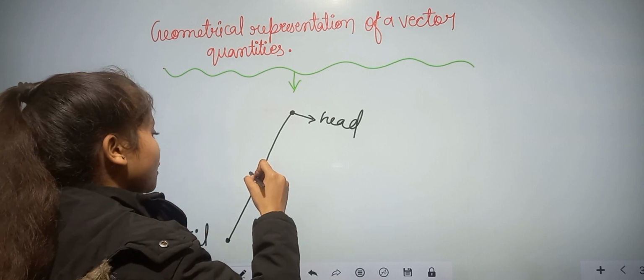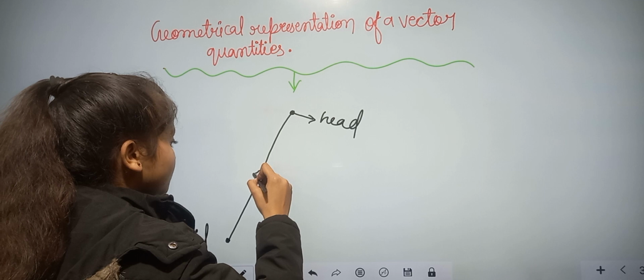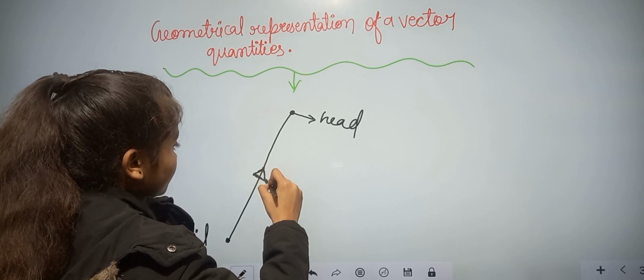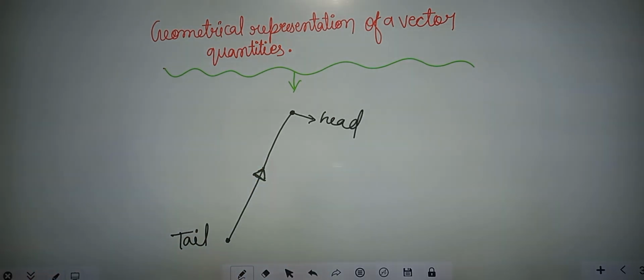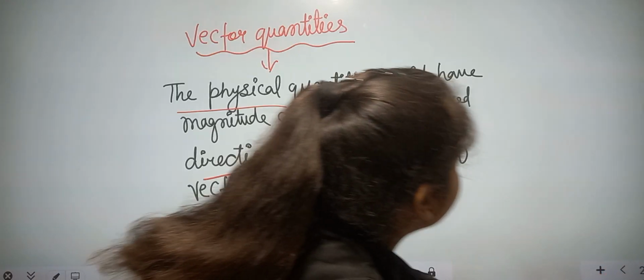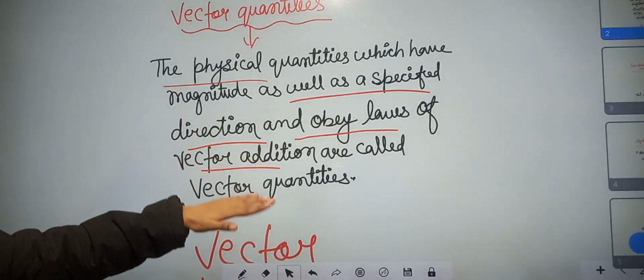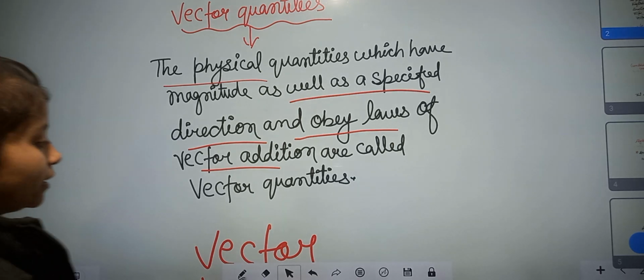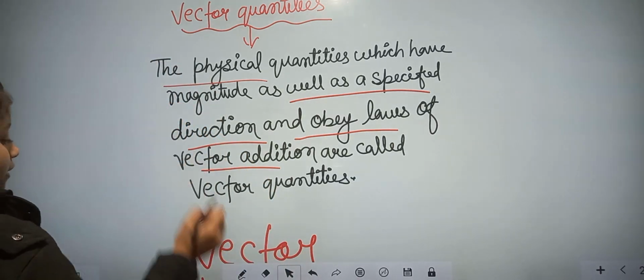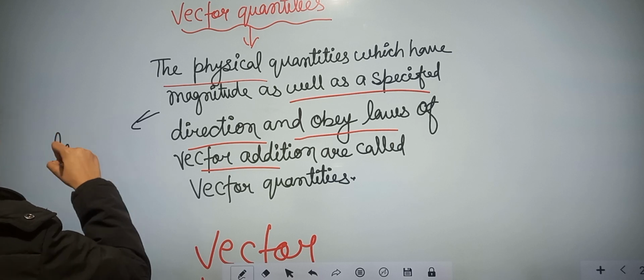And if we do not give any arrow on the line, then we cannot find where it is moving, like in upward direction or in downward direction, okay. So here we have already seen that vector has specified direction and also magnitude, and the simple meaning of magnitude is length, okay.